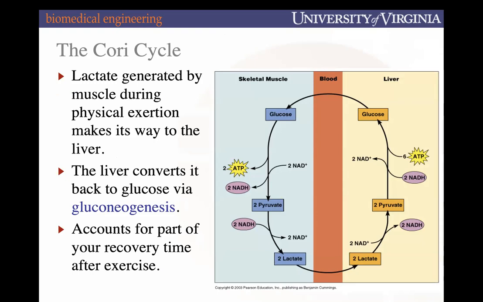It'll be transported out of the skeletal muscle cells to your liver, and your liver will use lactate via the process of gluconeogenesis, the generation of new glucose. That glucose molecule will then leave the liver and go to cells that require glucose to produce energy. So from a 30,000 foot level, it's taking lactate to produce glucose.